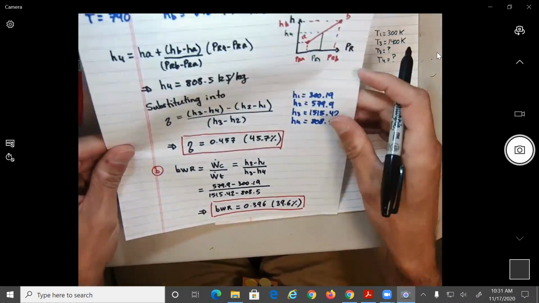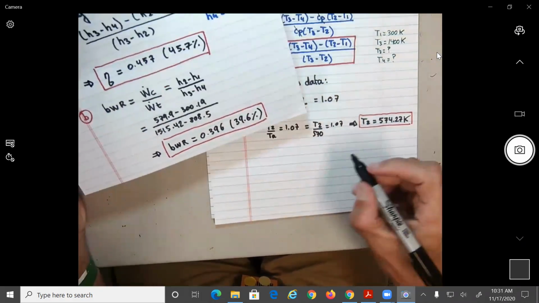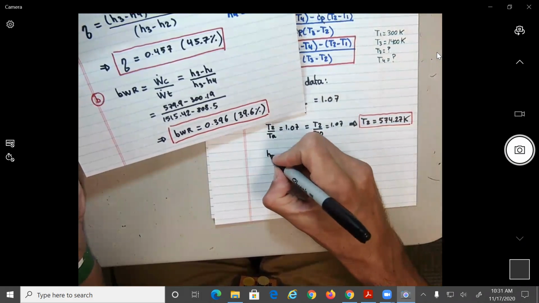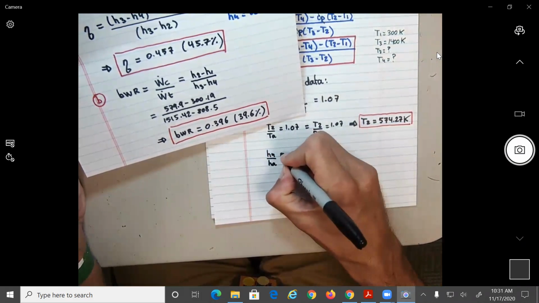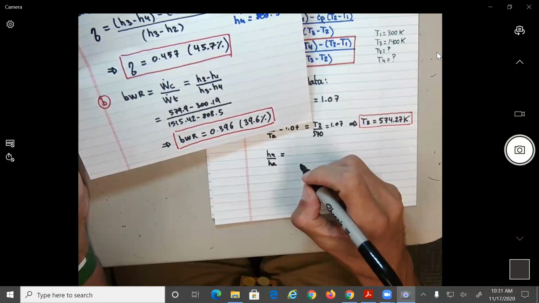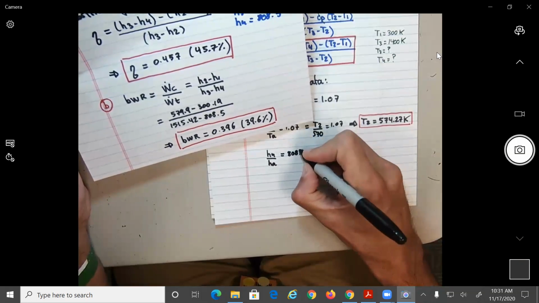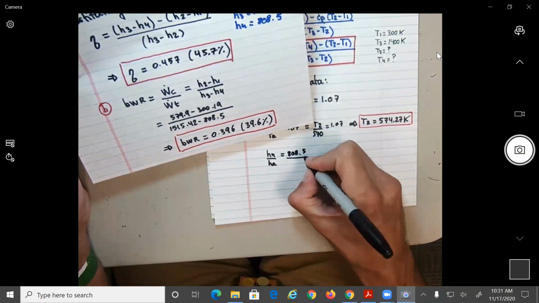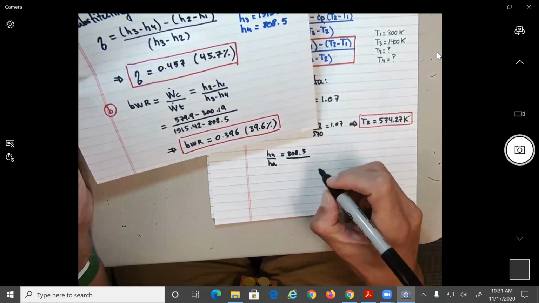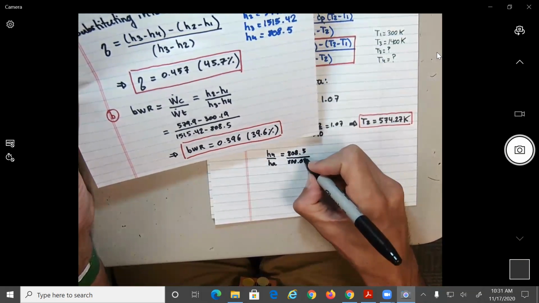We could do the ratio again: H4 over H sub A, which is 808.5 divided by 800.03.